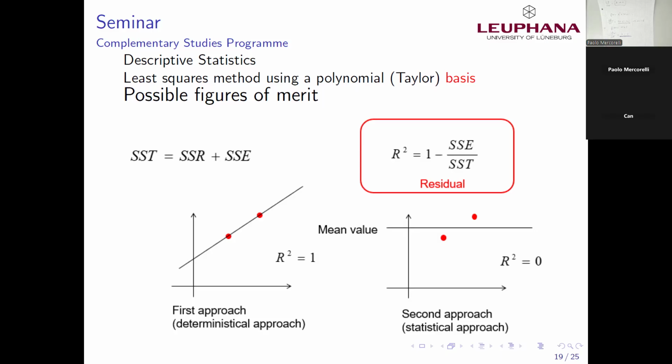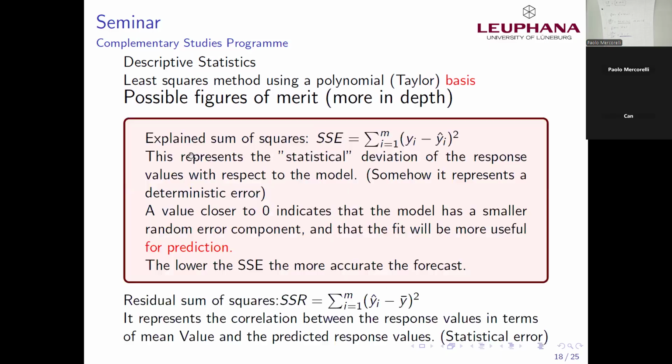I don't know if it's clear. It's a little bit. First of all, it's an approximation. Again, we need an infinite number of measurements. We don't have it, but in any case, the nature of SSE is more deterministic. The nature of SSR is more statistic in this sense. Let me see if I can improve also my answer.